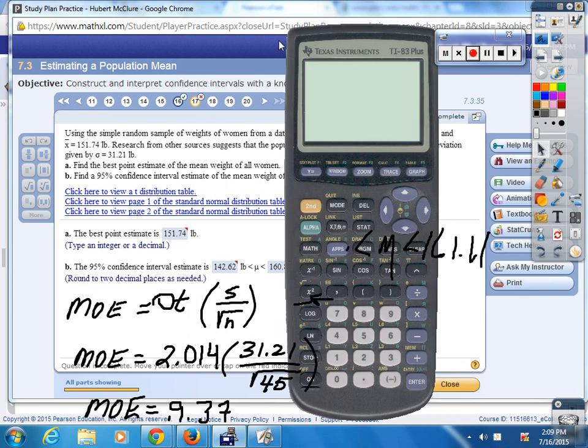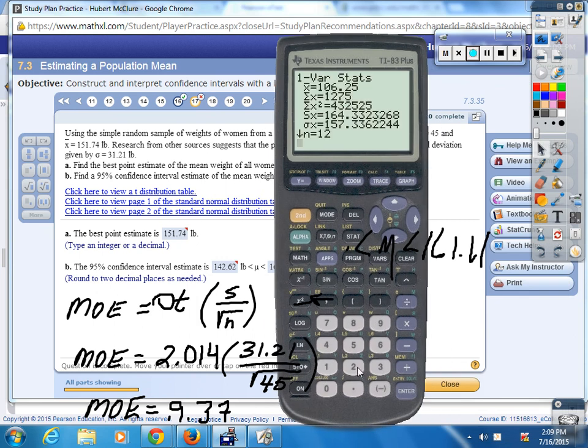No, that's right. 31.21 divided by square root of 45. 45 raised to the 0.5 power. And that gives you that number times 2.014. 9.37 plus 151.74.